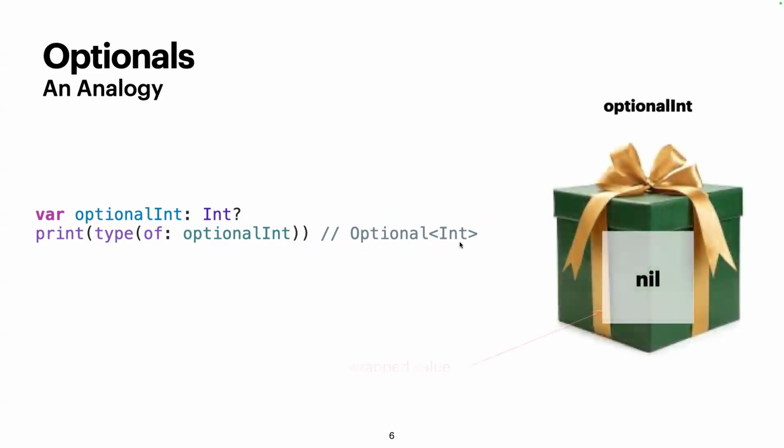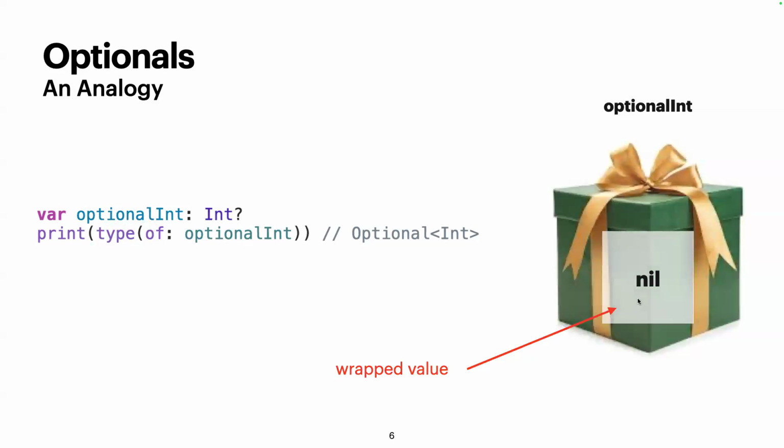We can think of it like a gift or a present. This gift is called optional Int, and inside this present is the value contained within it. Currently, it has the value of nil. That is what we call the wrapped value. The value inside of an optional is called the wrapped value.